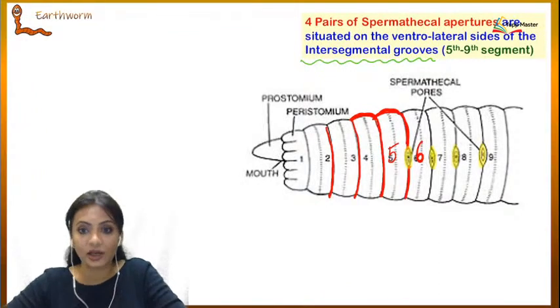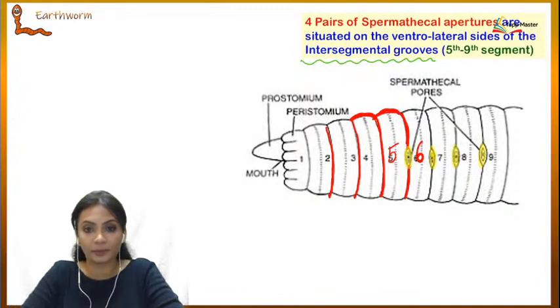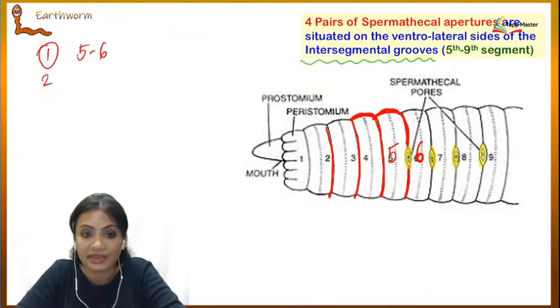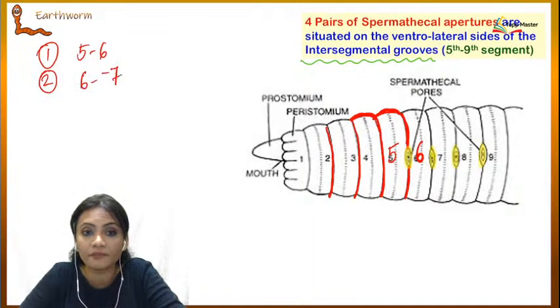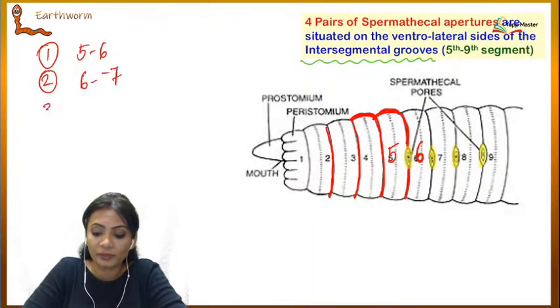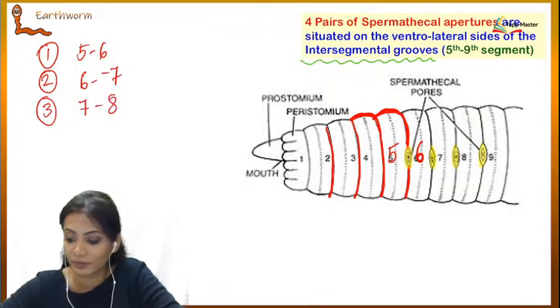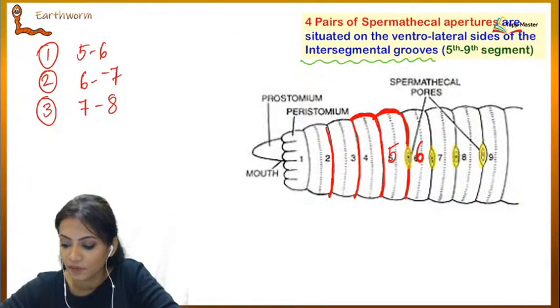So we see that the pairs of spermathecal apertures are between segments 5 to 6. Okay, the first aperture. Second aperture is between segments 6 to 7. Third aperture will be present between segments 7 to 8. That will be present right here. Okay, this is the one which is 6 to 7.